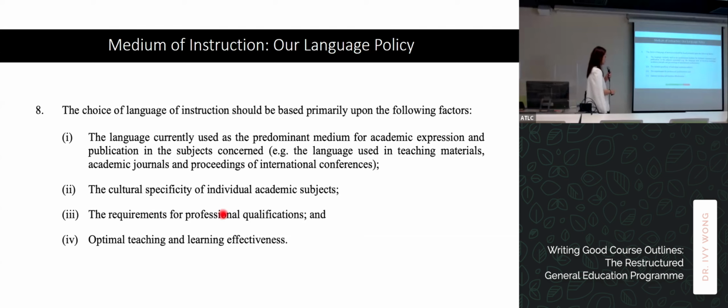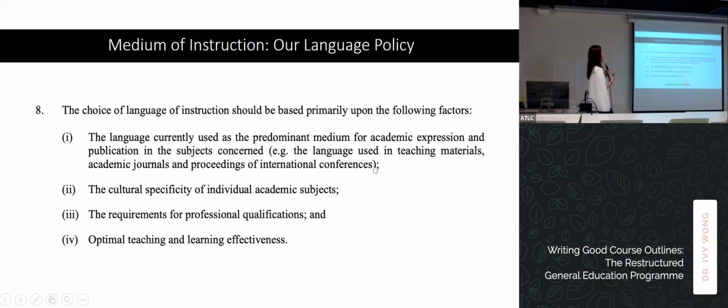And of course, we also look at how specific that is to the culture. For example, in area A, there are a lot of courses that are conducted in Chinese, because there's a need to do so, the classics, the readings, etc. So we would highlight those courses for students. Now, it is also the requirements for professional qualifications, so all of these are concerned.